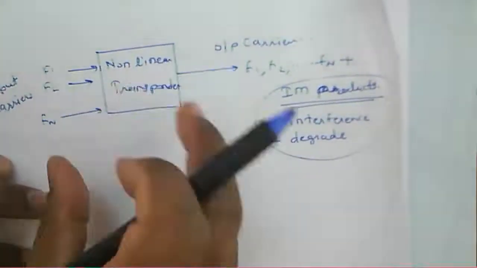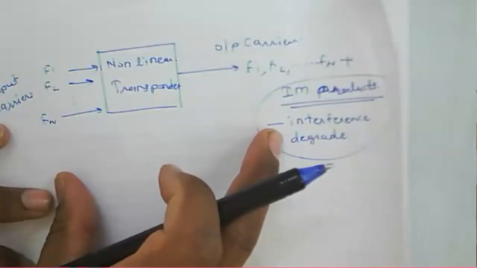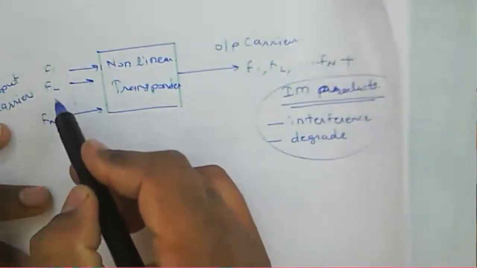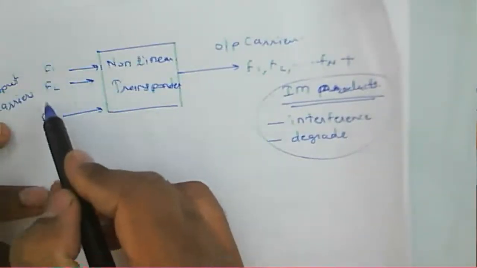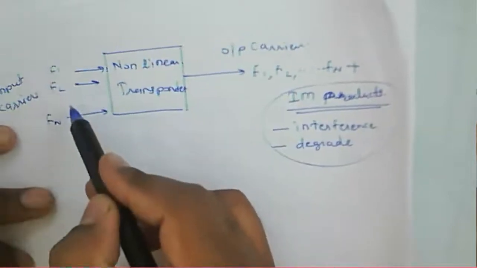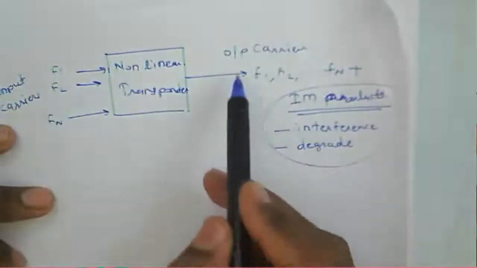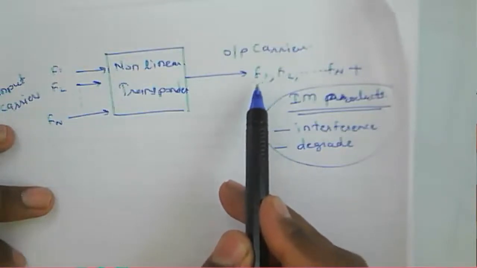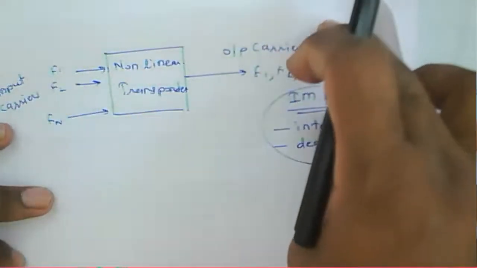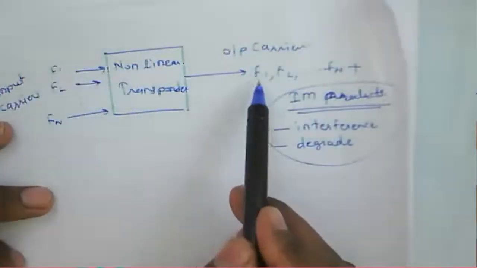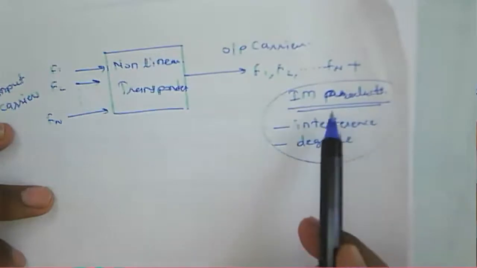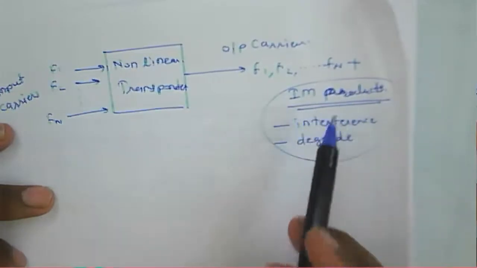But in the case of this, if you see, there are multiple input carriers, and those multiple input carriers generate multiple output carriers, and these output carriers contain the original carriers F1 to Fn and various IM products.